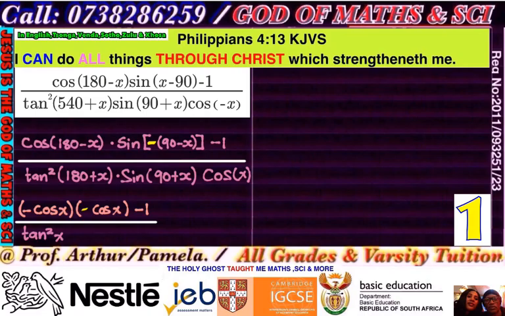All right, so let me parenthesize that. Then here you've got 90 plus, you are in the second quadrant where sine is positive, but you'll change it to cos. Then it becomes cos of x. All right, so that one is also multiplied by cos of x.